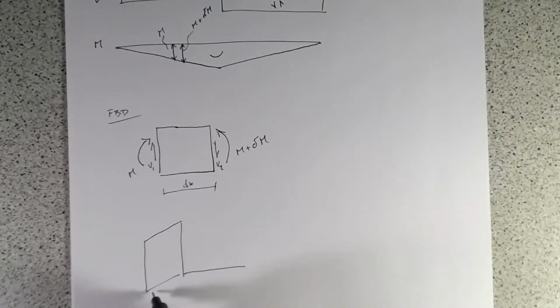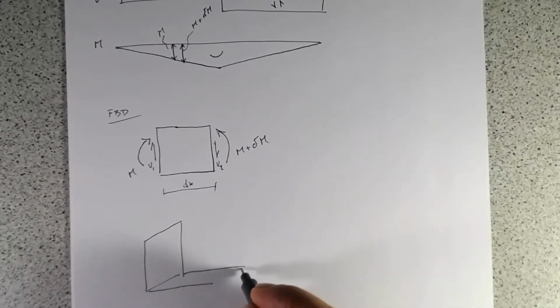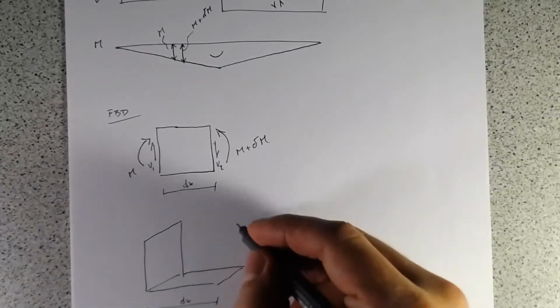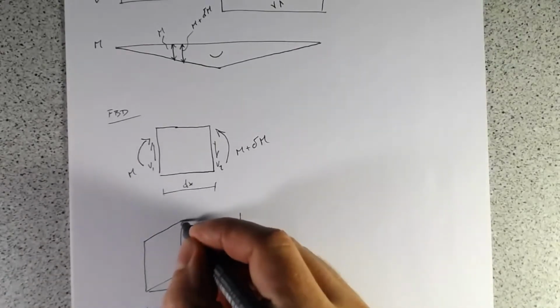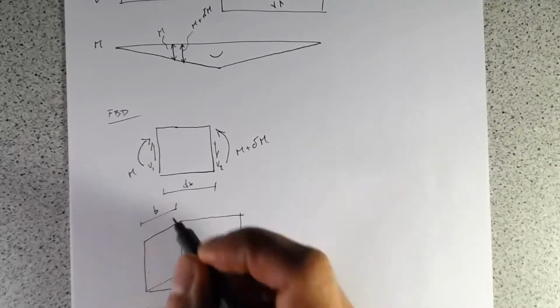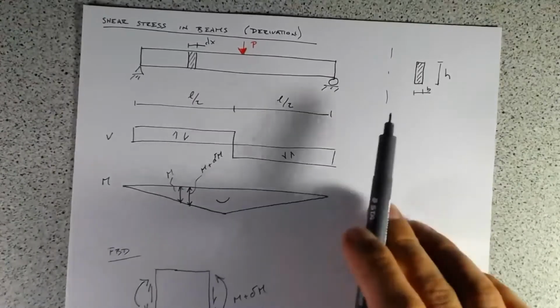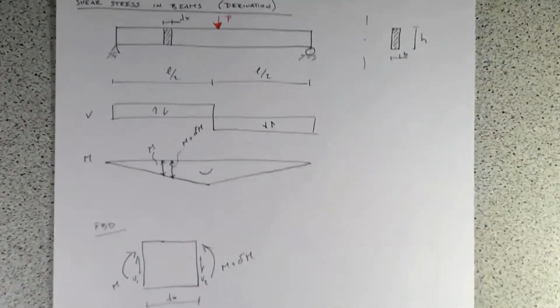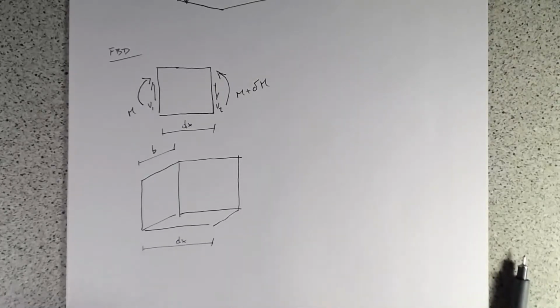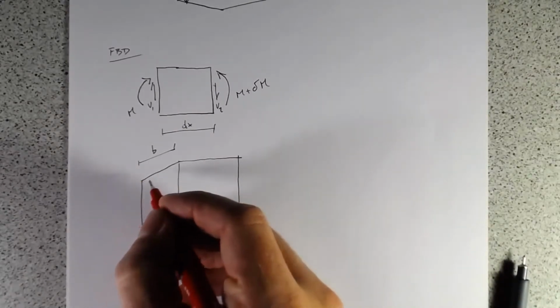It's got some length here, and that length, again, dx. It's got a height and a width b, and that's just going to come back to what our section geometry is here. So that's our block.